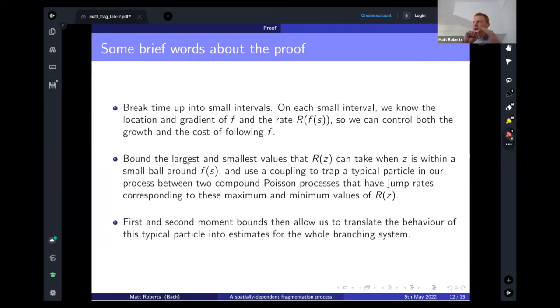What you don't want to happen is that particles just get further and further away from the lead diagonal. Because there's the drift in towards the lead diagonal, you can stop that from happening. So you can make sure there are enough particles staying near this lead diagonal up to a very small time.